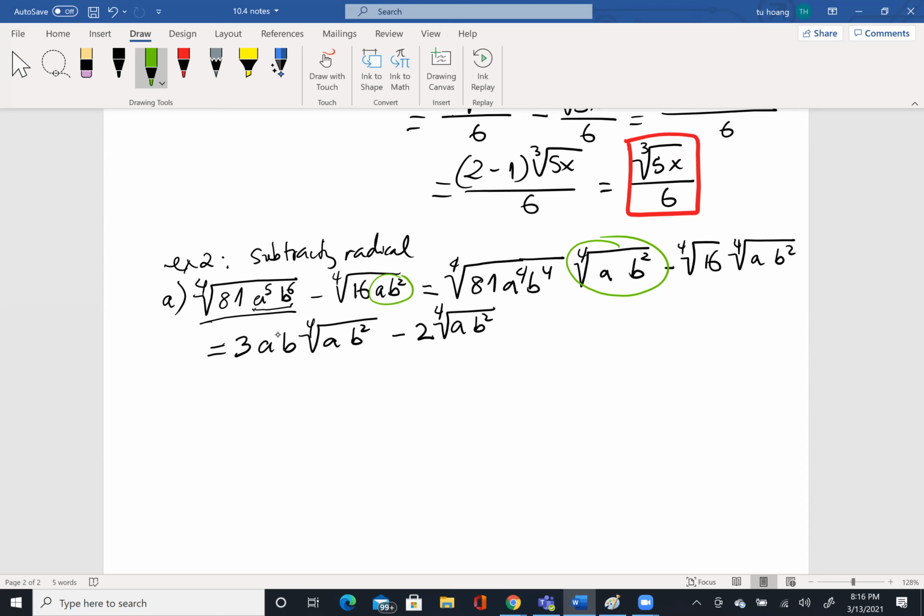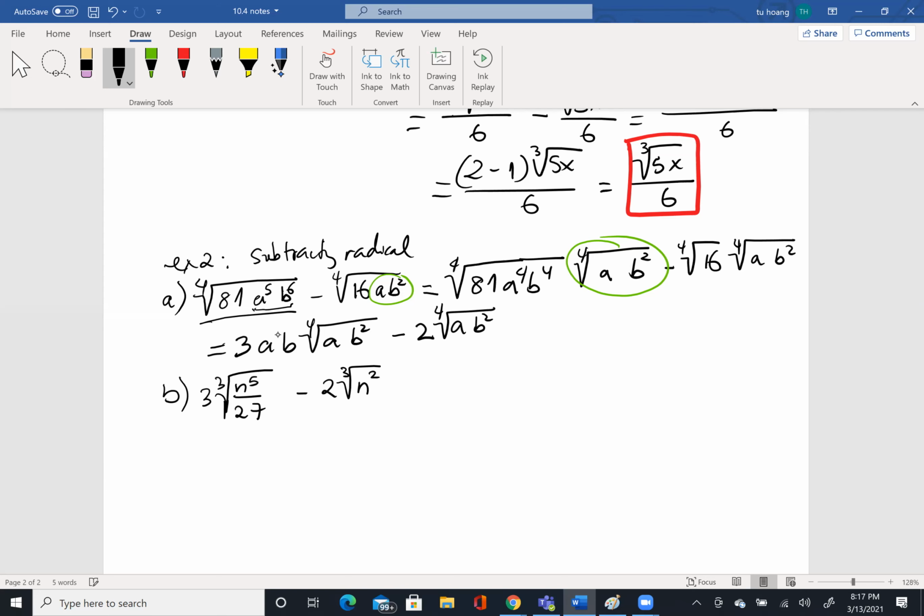Okay, so let's move to the next problem. So b, I have 3 times the cube root of n to the power 5 divided by 27, and minus 2 times the cube root of n to the power 2.